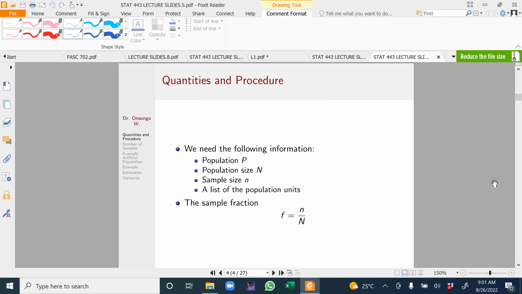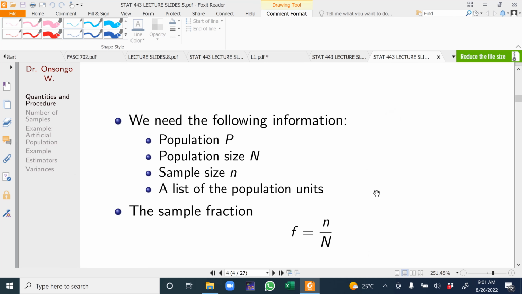Now, in systematic sampling, we have a procedure that we use. First of all, you have a population of size N, and you are interested in a sample of small size n. Once you have this, list all the population units in some chronological order.